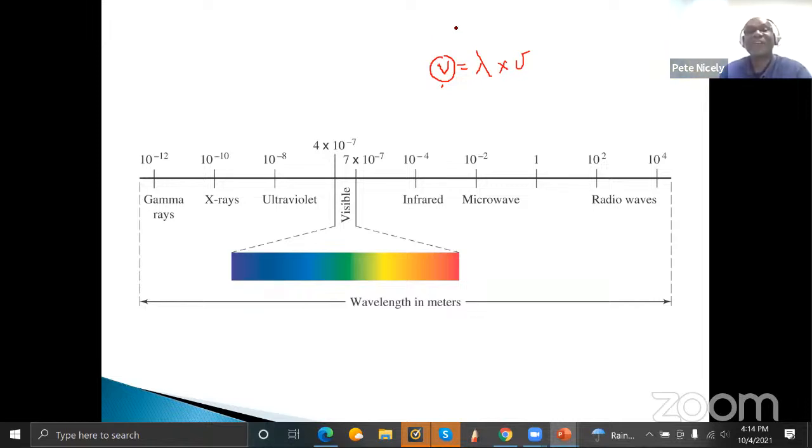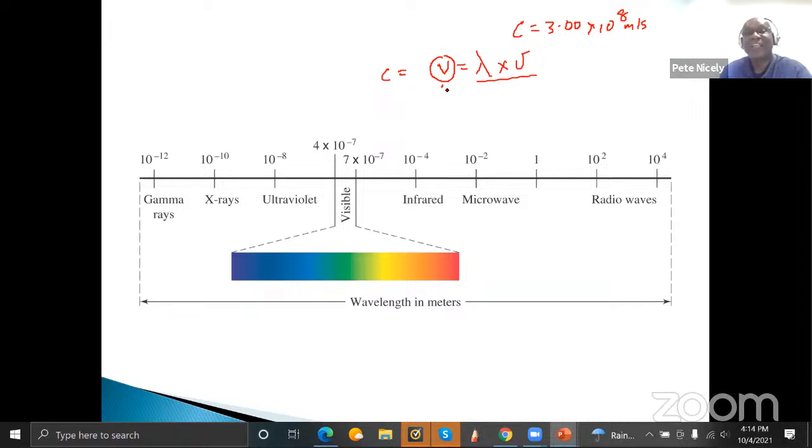So therefore, in chemistry and physics, we tend to use the letter c to represent the speed of electromagnetic radiation. So that is equal to 3.00 times 10 to the 8 meters per second. So therefore, we can replace the v with c equals all this here.